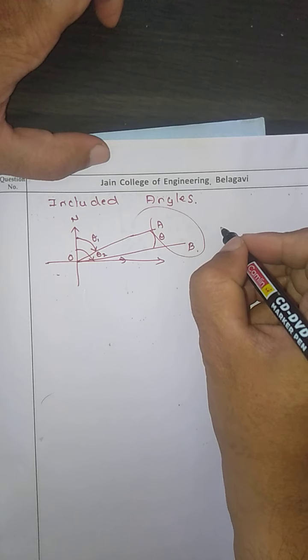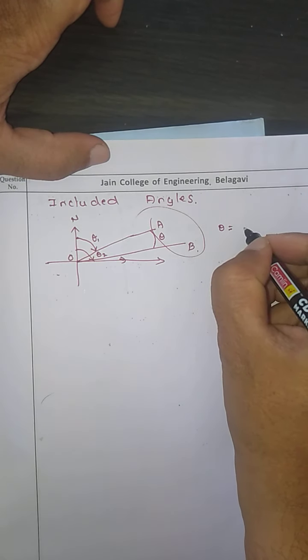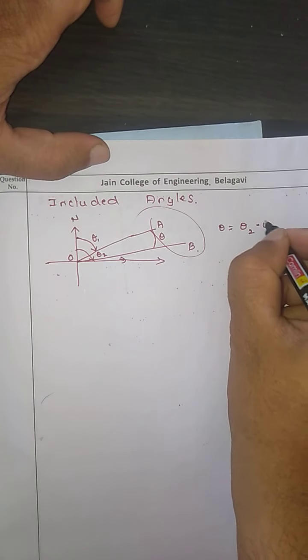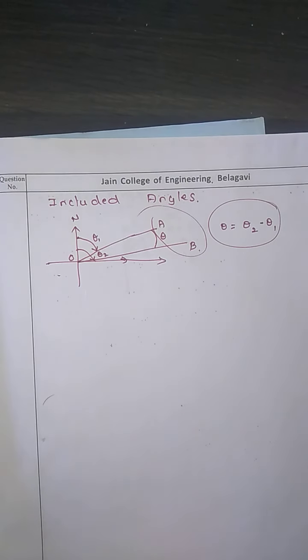You are going to determine it by using the formula theta is equal to theta 2 minus theta 1. Then you are going to get theta. So this is nothing but your included angle.